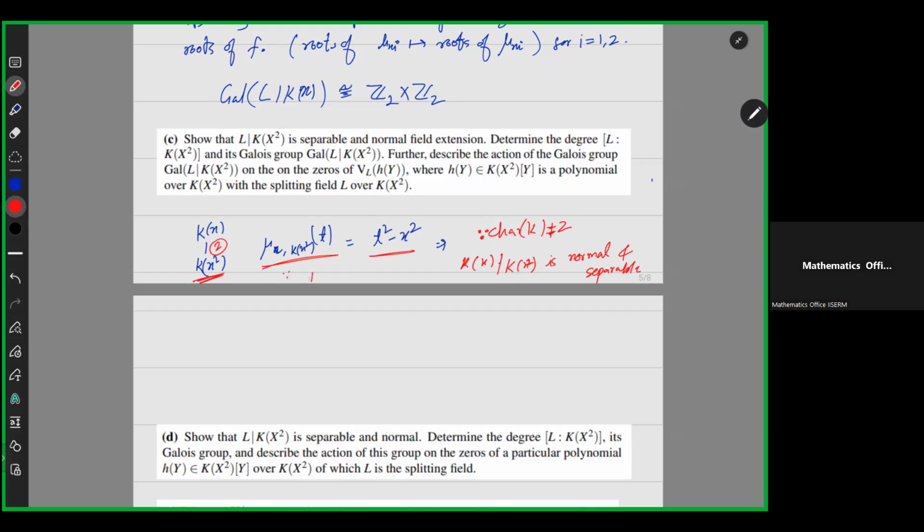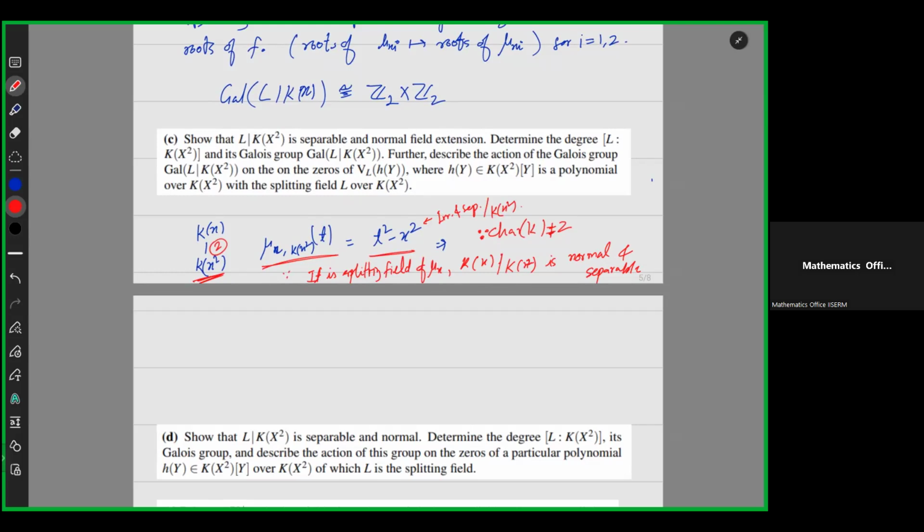What I just told is, since it is a splitting field, and this is irreducible and separable over kx square, that is why this splitting field is normal and separable.